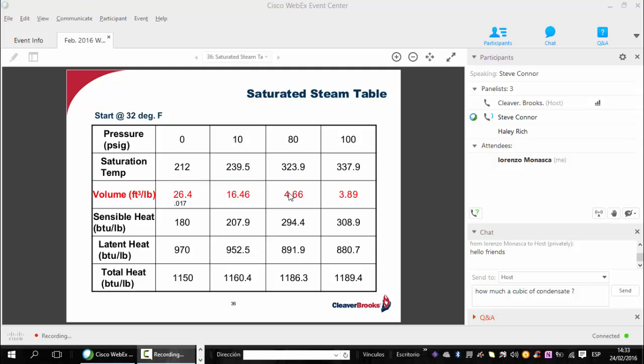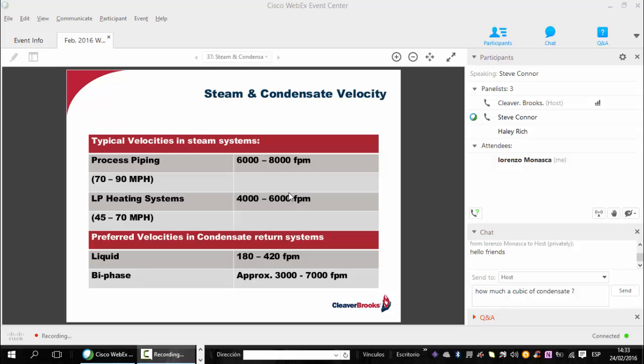Then, as we increase the pressure, going from 0 to 10 to 80 and 100 pounds, you see how the volume of the pound of steam decreases, which is why in steam pipe distribution systems, the higher the pressure, the smaller the pipe size, while still maintaining the proper velocity in the pipe. And you know, it's the same with condensate piping too.